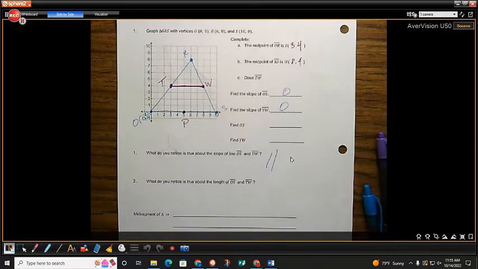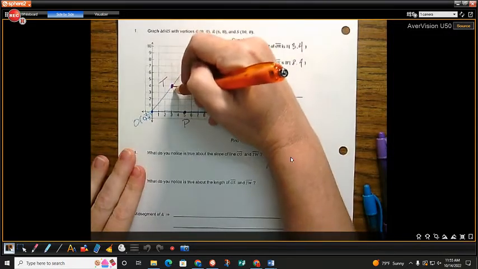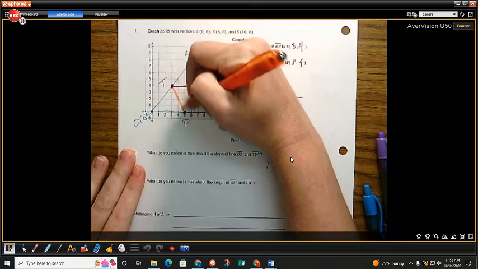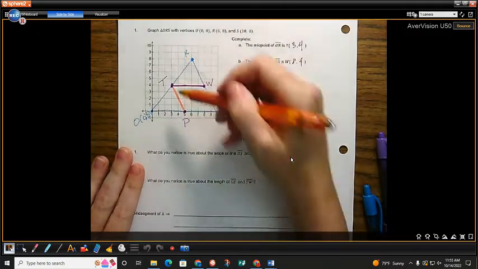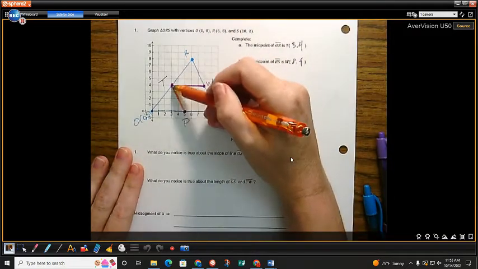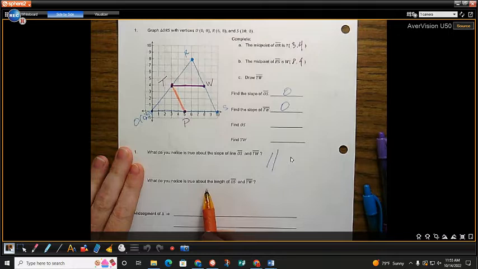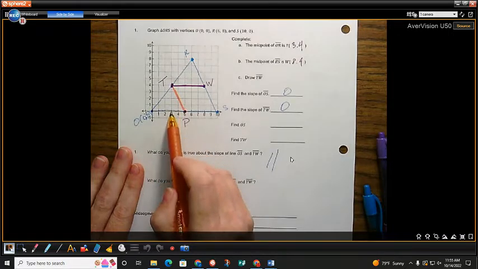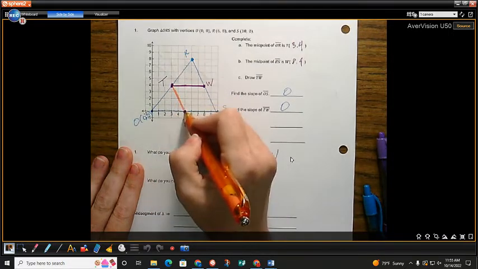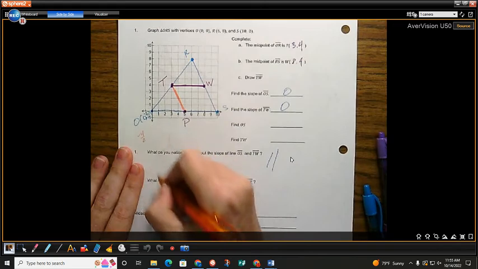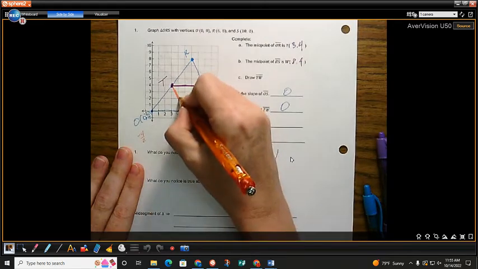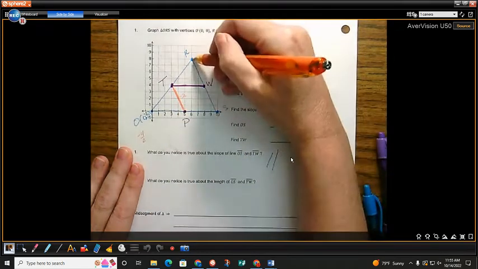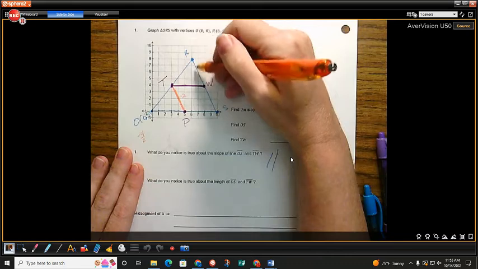What about if I go from T to P? Oh, we're making a triangle. What's the slope of this one? Negative 2. It's down 4 over 2, which, negative 4 halves, simplifies to negative 2. What's the slope of RS?